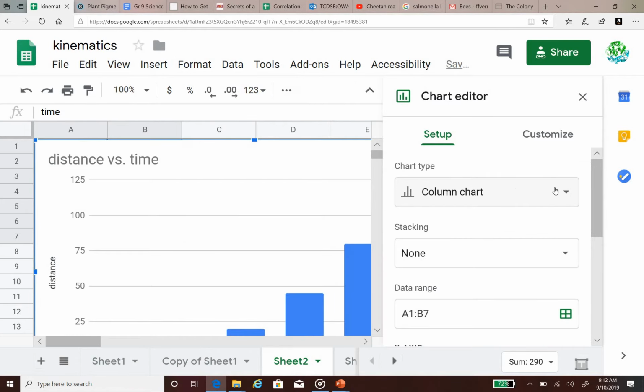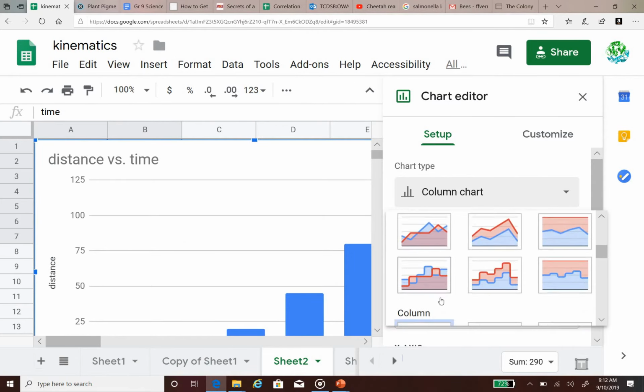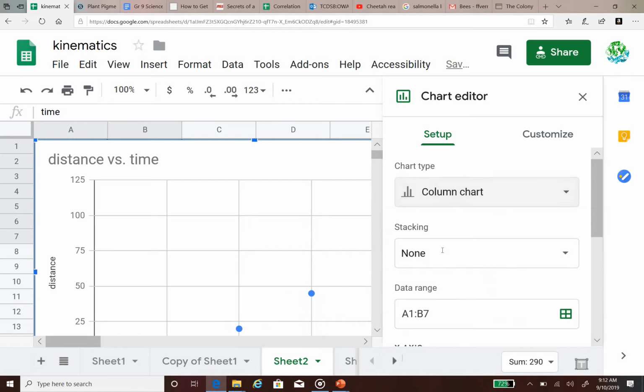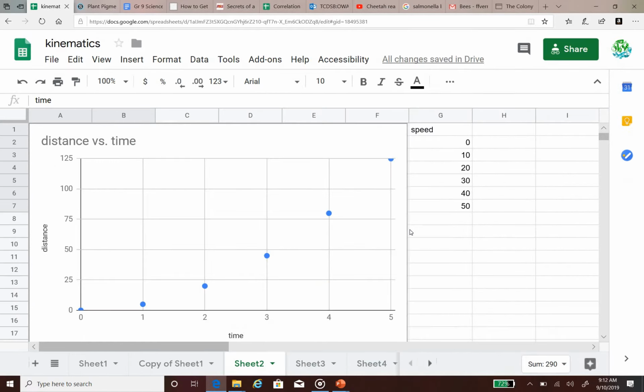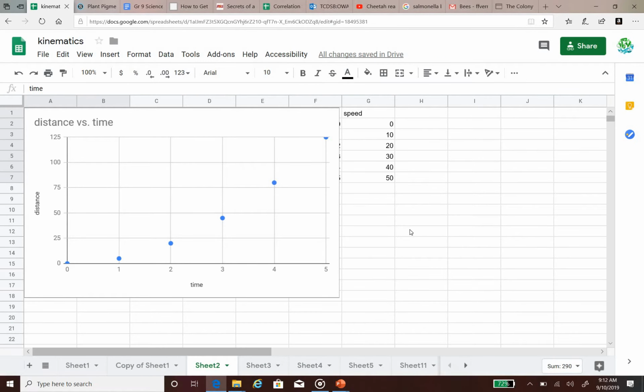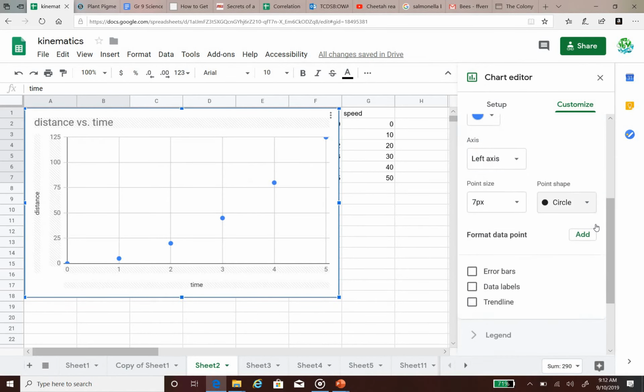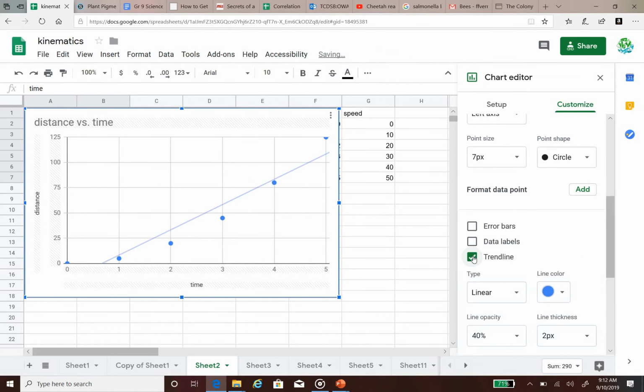So watch. I'm going to do the exact same thing. Scatter plot. Okay. Now, take a look at the scatter plot. You'll notice that it doesn't quite look like a diagonal line. So if I went and I clicked on the dots, okay, and it asks for a trend line, you'll notice that, don't look good.